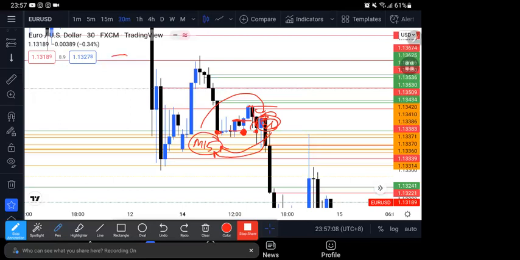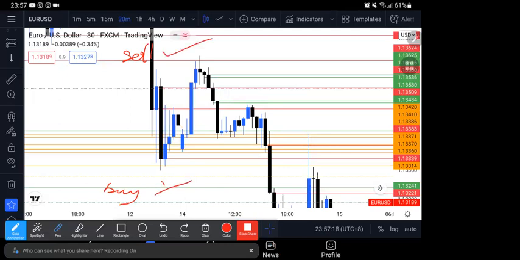We have the sell side and the buy side. It's simple. If the sell is on momentum, the buy is not on momentum. If the sell is not on momentum, the buy is on momentum. If there is no momentum at all, then it just becomes sideways.